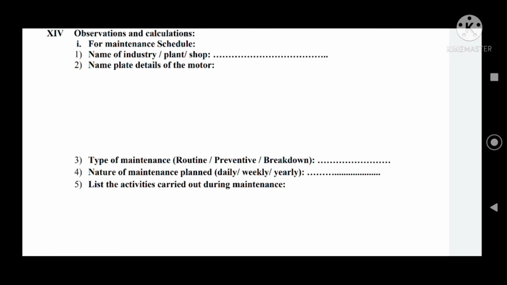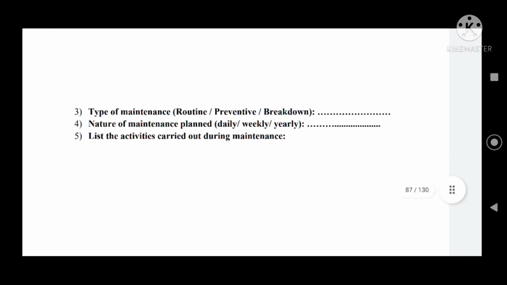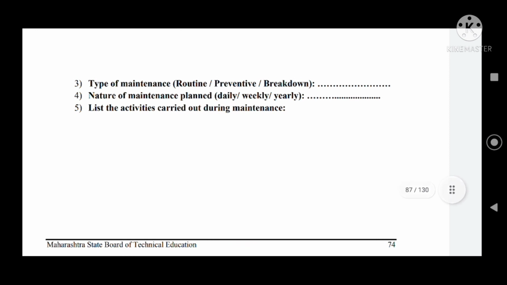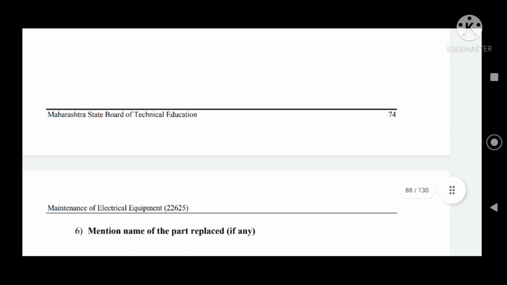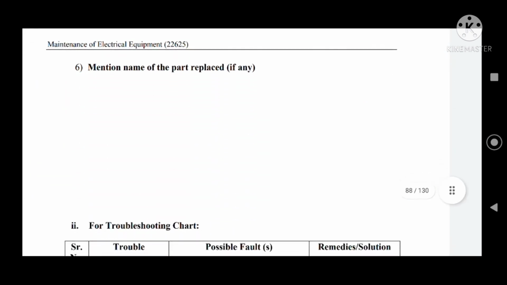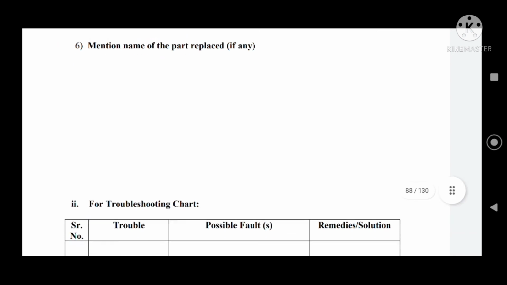Next is nature of maintenance plan, that is daily, weekly or yearly. And next, list the activities carried out during maintenance. So you have to write the activities you carried out during your maintenance work. Next, mention name of the part replaced. So if replacement is done, then name the part you replaced.